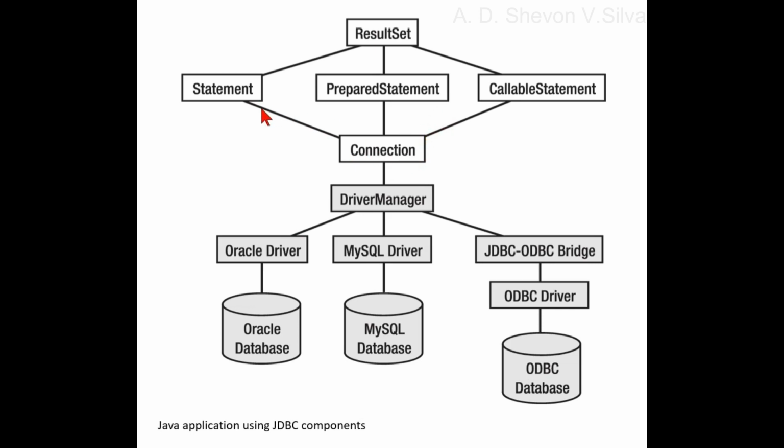Statement: this interface represents a static SQL statement. You can use it to retrieve a ResultSet object. PreparedStatement: this interface extends Statement and represents a precompiled SQL statement. You can use it to retrieve ResultSet objects. CallableStatement: this interface represents a database stored procedure.